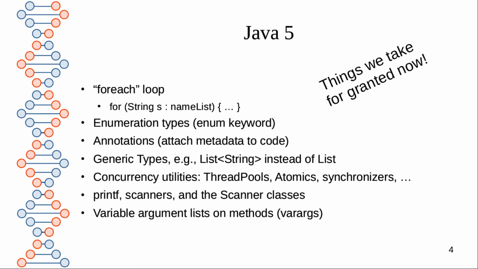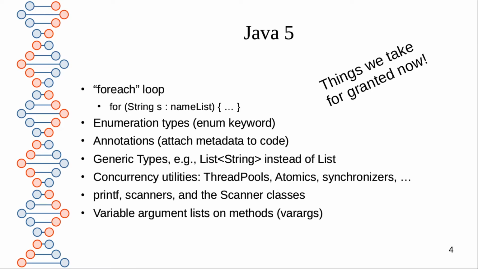The for-each loop, the enumeration types, the enum keyword, annotations, which allow you to attach metadata to code, the generic types, the types in angle brackets after another type, for example, List of String instead of just plain List, the concurrency utilities, thread pools, atomics, synchronizers, and a whole bunch more. Printf, the ability to specify format control over printing, passing an argument list.